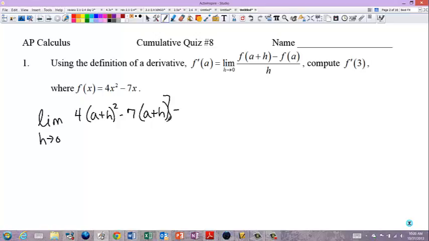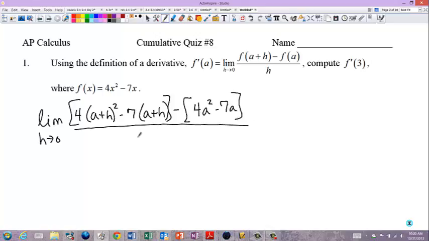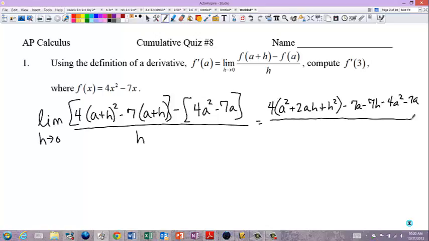So essentially you have this, minus 4a squared minus 7a, over h. I'm going to FOIL my a plus h squared, so it'd be 4 times a squared plus 2ah plus h squared, minus 7a minus 7h, minus 4a squared minus 7a, over h.